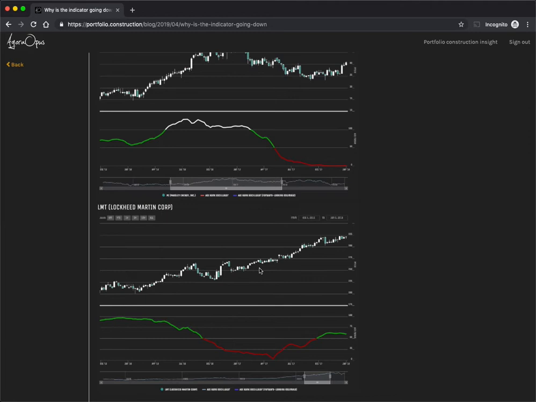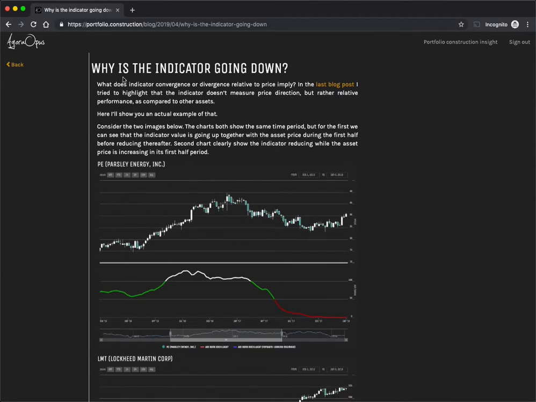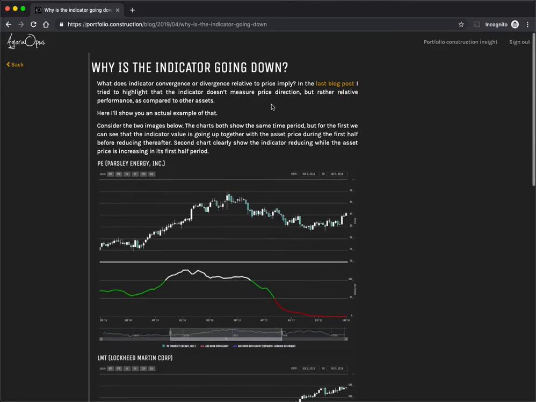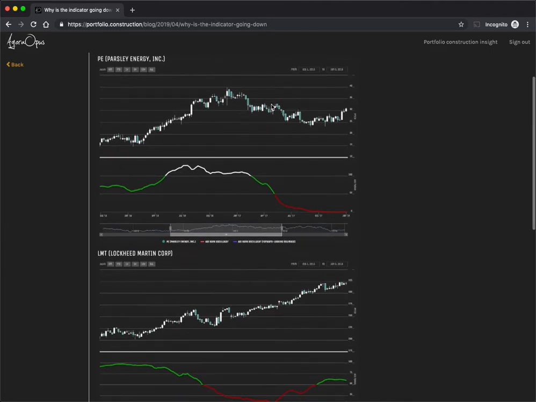So again, as I've been trying to highlight multiple times, it's a relative indicator. Everything is relative to everything that we're including in the analysis. This blog post, titled "Why is the indicator going down?", illustrates this relative measurement by looking at two different companies.